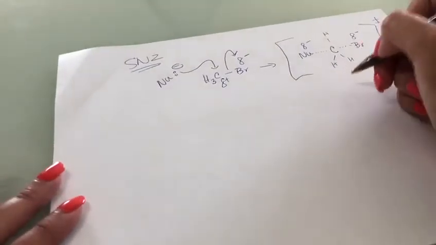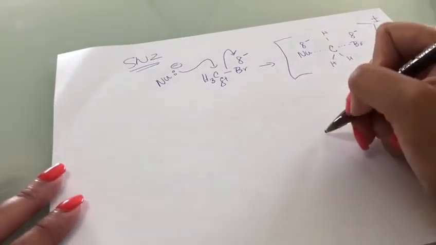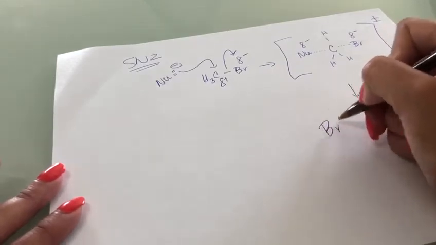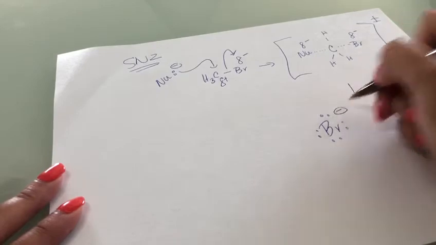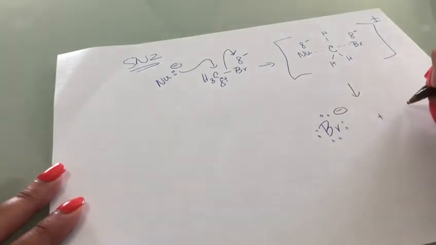So let's have a partial negative charge on the nucleophile. And then after the transition state, we will have the halogen now as your leaving group with a full negative charge, and then we will have your new bond between the carbon and the nucleophile.